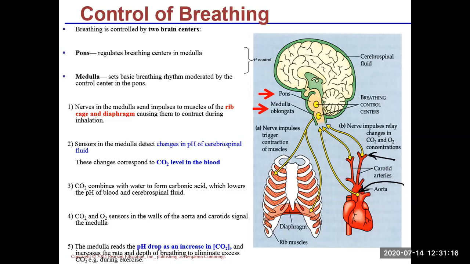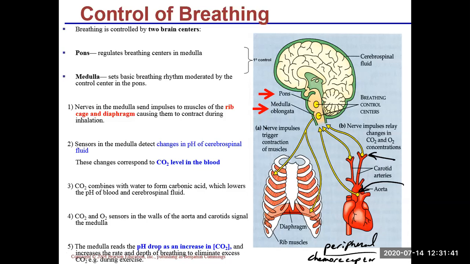What do they sense? Well, in general, before I go ahead and talk to you about that, there is another type. Now these are called peripheral chemoreceptors. Why is it called peripheral? It's called peripheral because it's outside of the central nervous system.